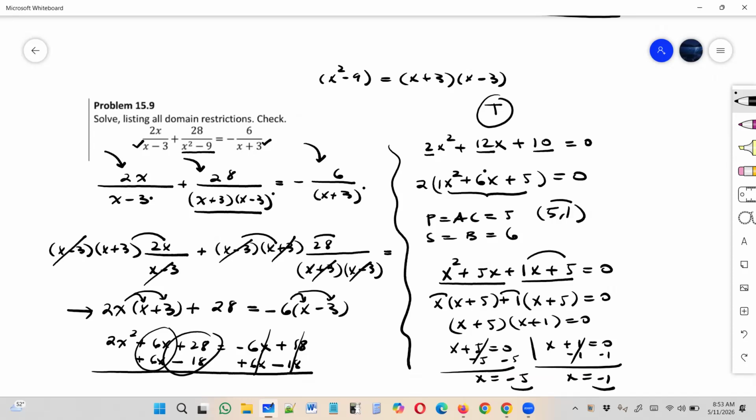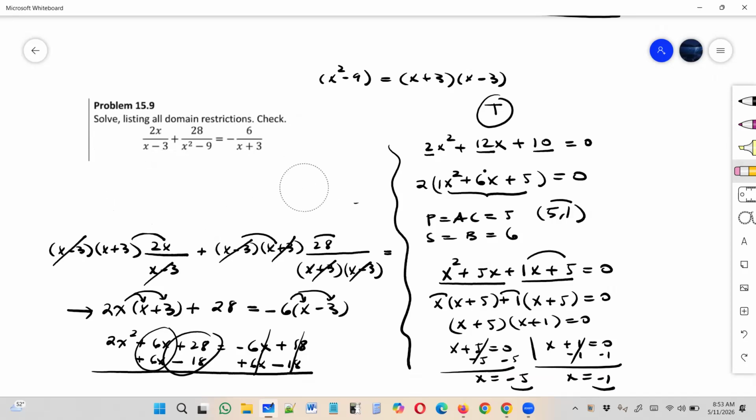Here they are. And I solved the equation, but I have to go back and check. And you go back into the original. I'm going to erase this just a little bit so you can see. Yes, these problems are a little bit long, but we have to do a domain check. So you're going to get the negative 5 first, and you're going to go here, here, and here, and see if you have a denominator of 0.